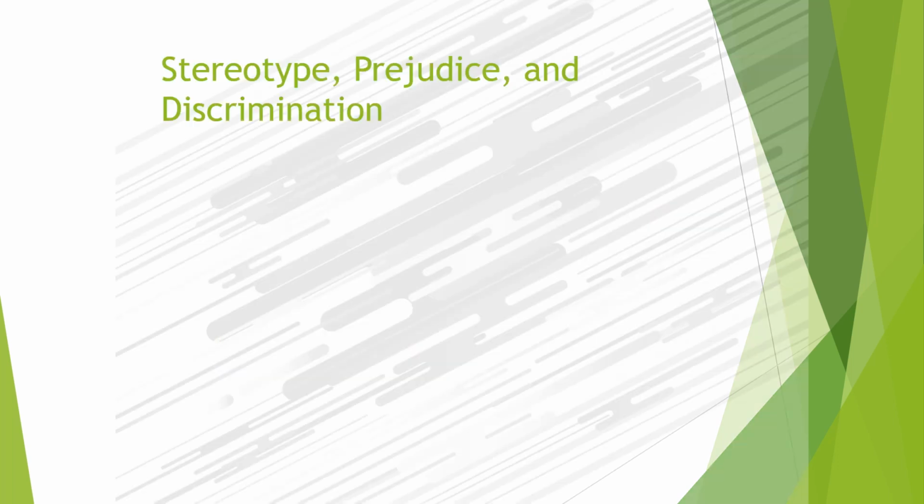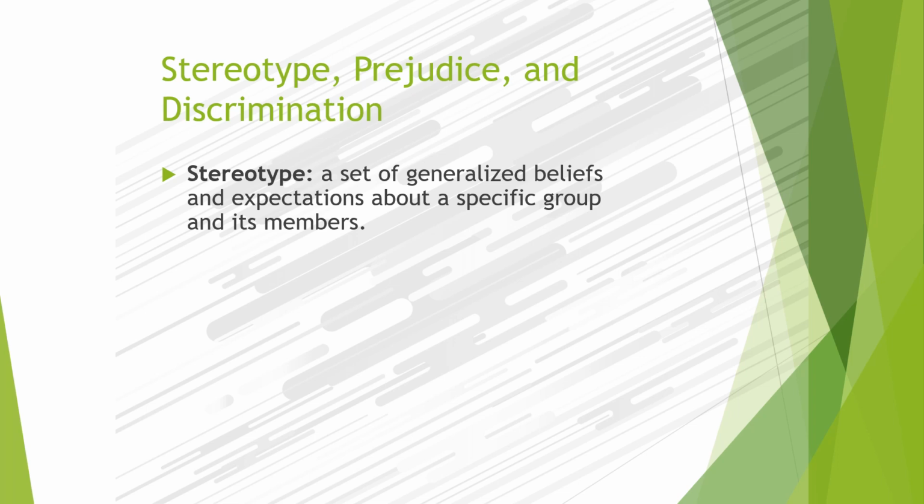So let's start off just by giving a basic definition for all three of these: a definition for stereotype, a definition for prejudice, and a definition for discrimination. First off, stereotype. This is a set of generalized beliefs and expectations about a specific group and its members.